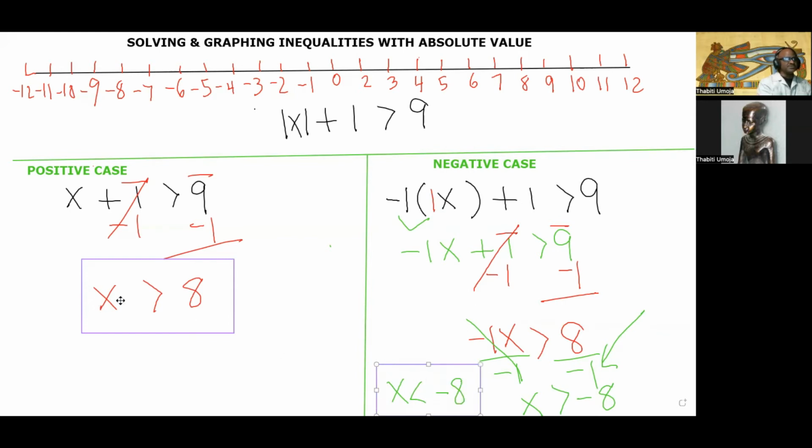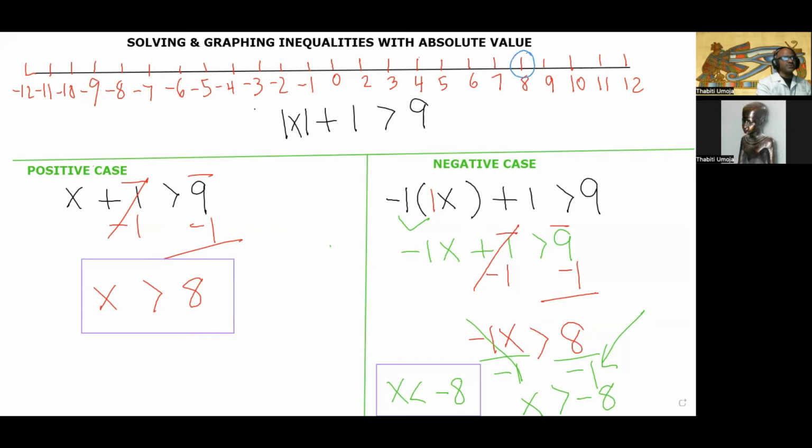And so if you see both of our answers here, we have two different answers. We have x is greater than 8. So let's go ahead and graph that. I guess I'll use some blue here. Okay, so we got x is greater than 8. Go ahead and find +8, and it says greater than, so it's going to be an open circle.